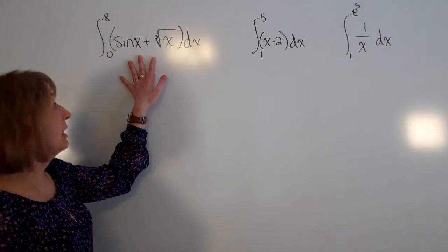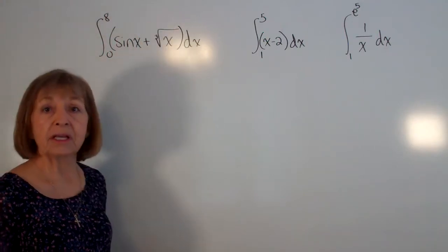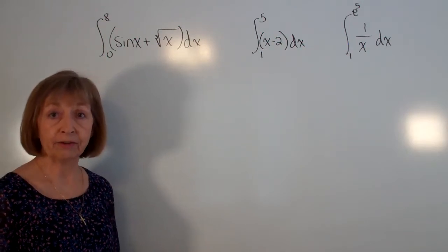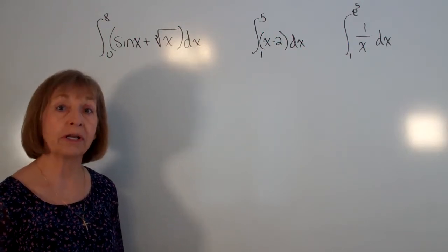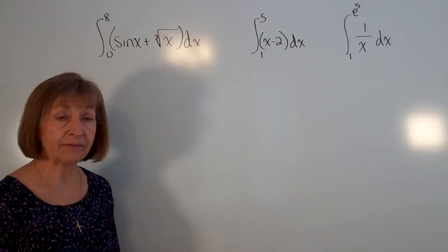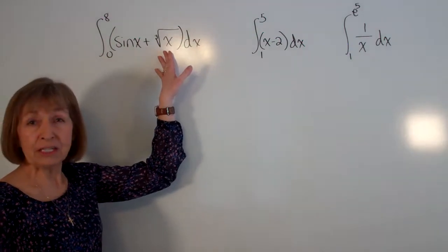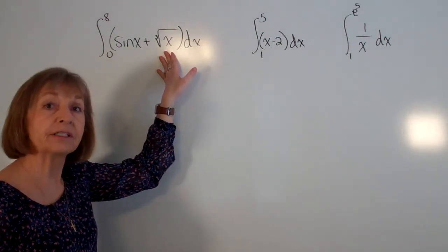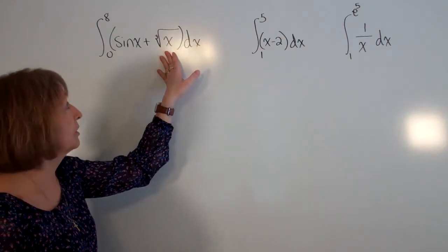Now, this first one has 2 different terms, but with definite integrals, we can do term by term integration, and that's also true for indefinite integrals. And then we will plug in our limits of integration. One of the first things we're going to do is rewrite this radical notation to its equivalent fractional exponent notation.